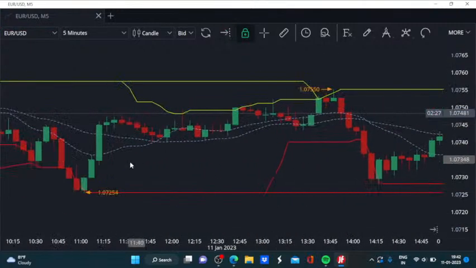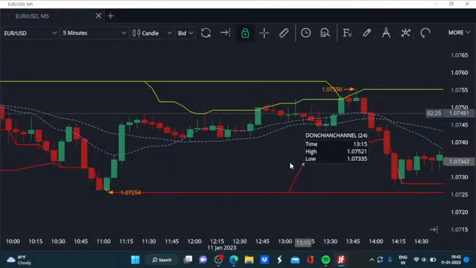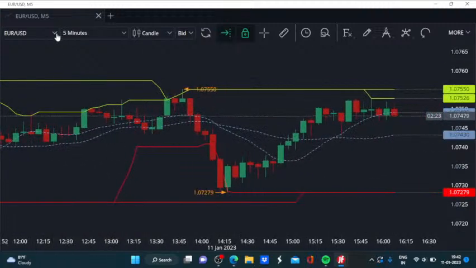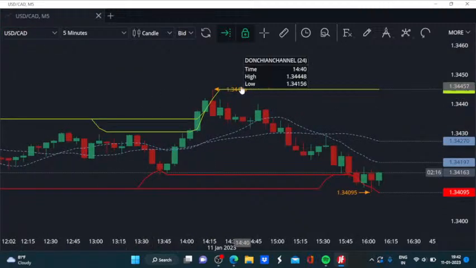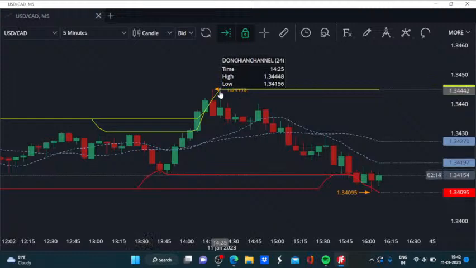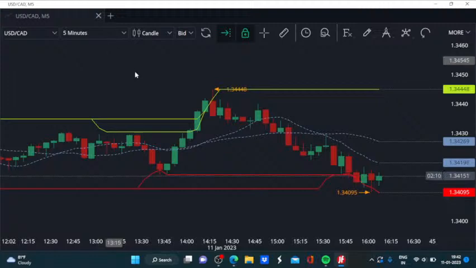For Euro, the prior swing low had come in at 11:05 GMT, but for CAD, the swing low had come in pretty recently, so it is apparently on weaker footing compared to the Euro while trading against the dollar.